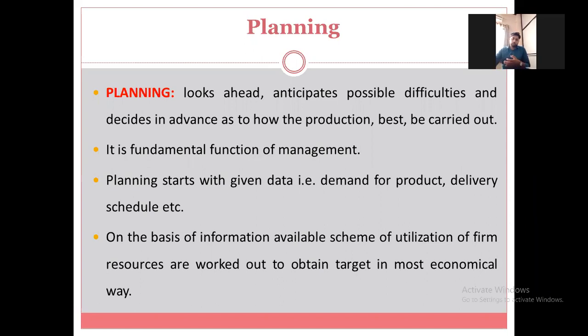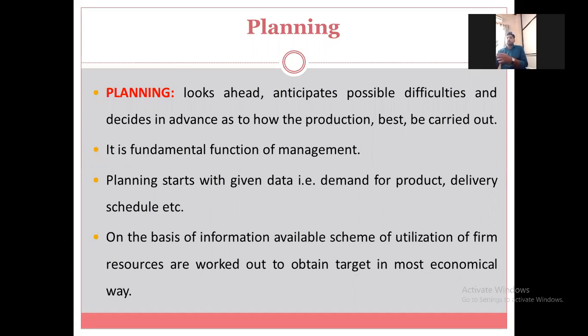If you know the deadline of a dispatch, then you will start early and do the production, and that product will be ready for dispatch. So the given data for any planning is the product demand in the market, and second, the schedule.